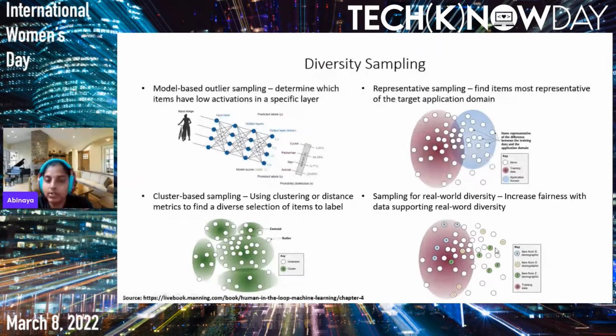So if you look at this diagram, you see that there are some demographic features and you try to sample from all the different demographics, not just concentrating on one particular gender or one particular location. You will try to diversify your sample by taking samples from all the demographics available. So this is what diversity sampling is.